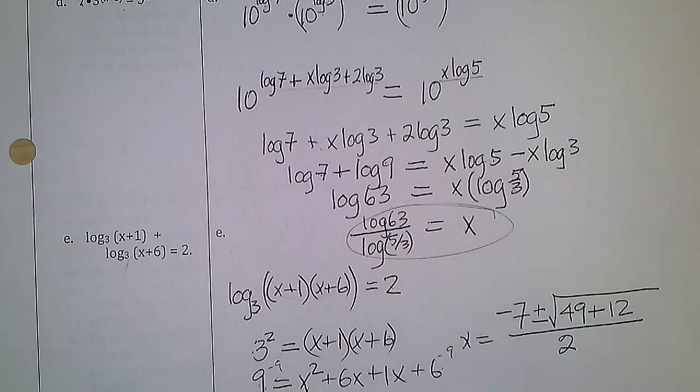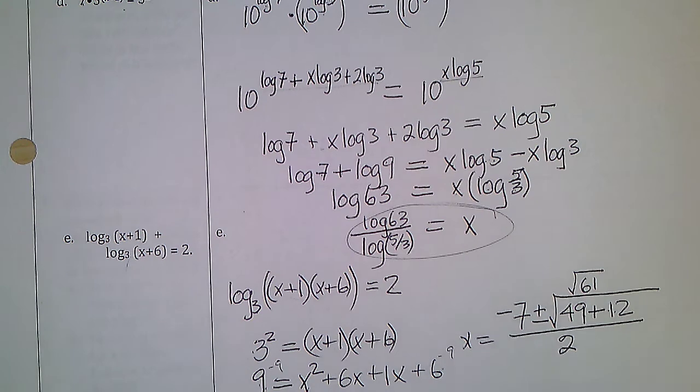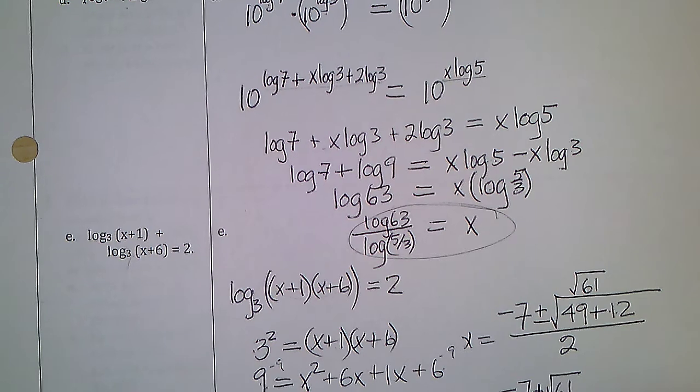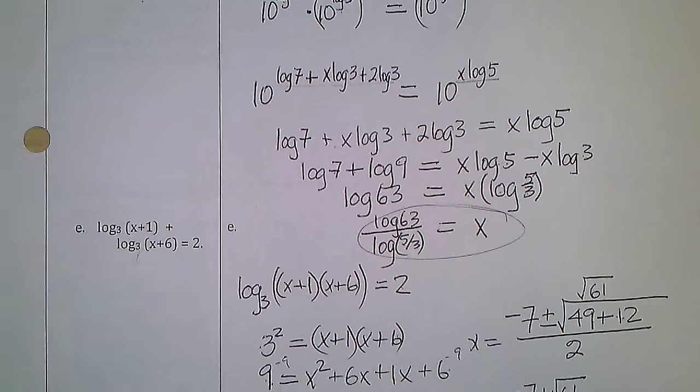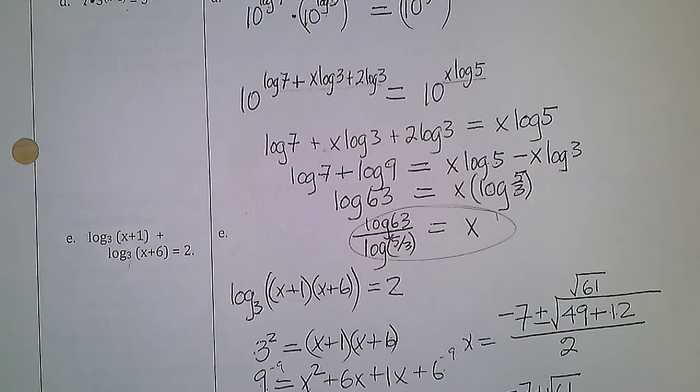So that's what x is going to be, and 49 plus 12 is 61, and that's not a nice thing. So our answers are -7 plus the square root of 61 over 2, or -7 minus the square root of 61 over 2.